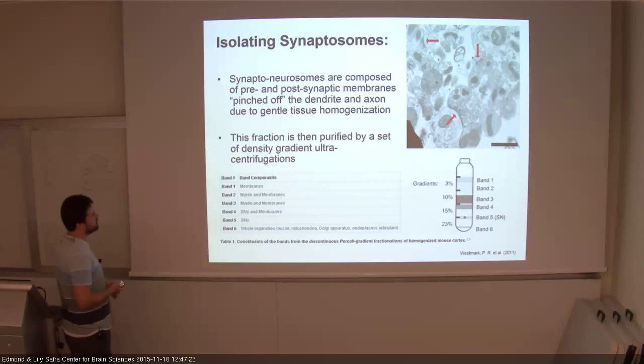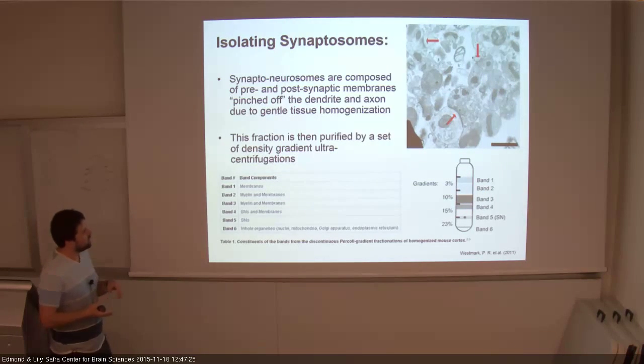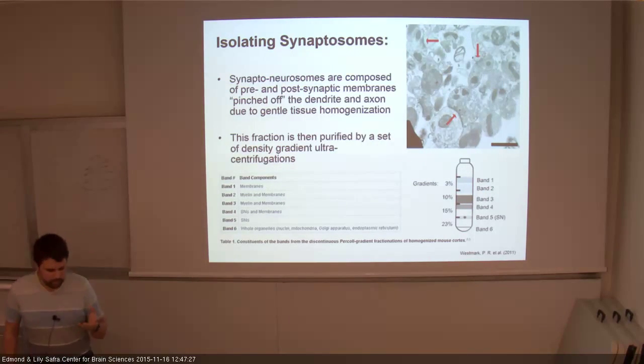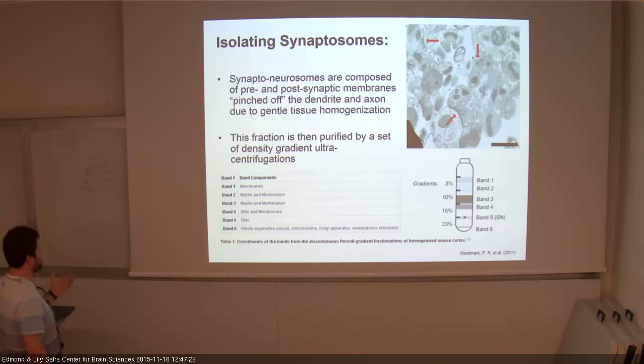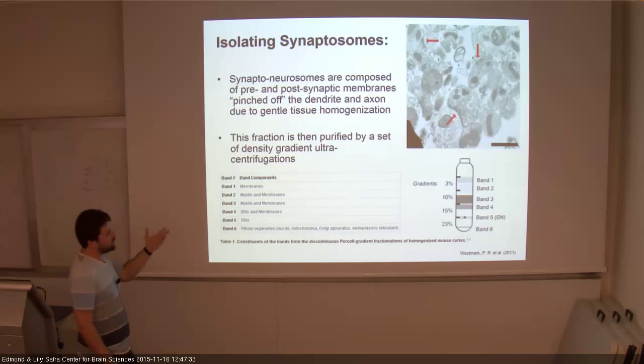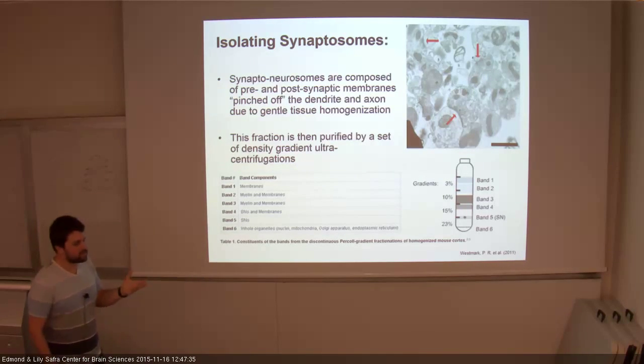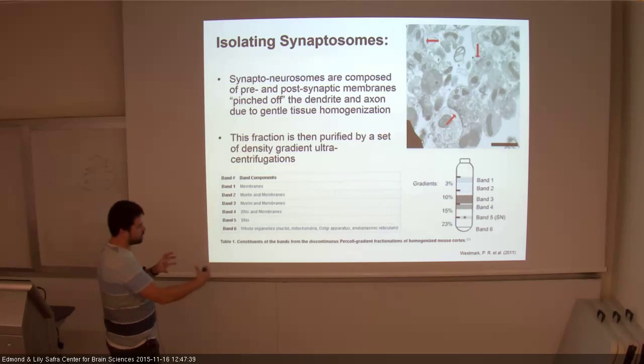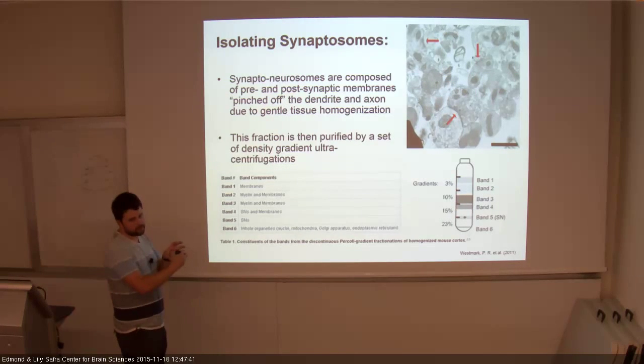So the last slide is that this technique has also been used to isolate, let's say, synapses, or what we call synaptosomes. Synaptosomes are compartments that are made from the presynaptic and postsynaptic terminals that are pinched off together.